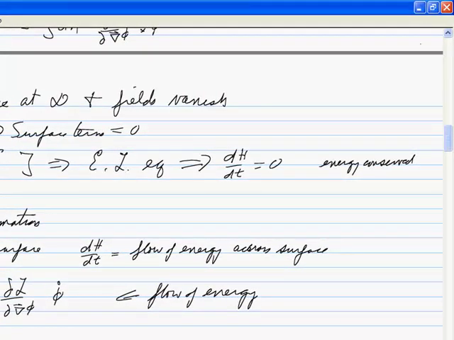Up to factors of c, quantum field theory doesn't have a general name for this except momentum density. Now, it probably should be momentum density divided by c squared or some crazy thing like that. But we're soon going to set c equal to 1, and we'll forget about that. At least I don't know where the c's go. There's no other name for it. It's the momentum density. It tells us how the energy flows.